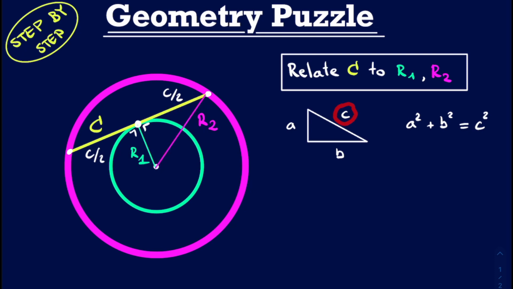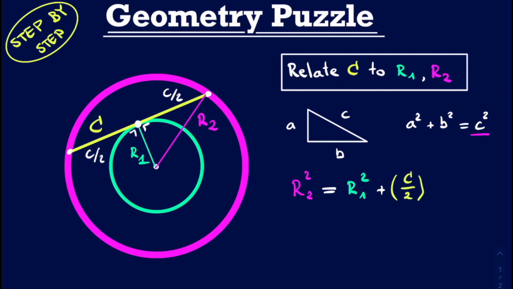The long side, the hypotenuse, which is C in this case, will be the long side here, which has R2, the radius of the larger circle, as its length. Therefore, this C will become R2 squared. And then we have the two right angled sides A and B, which in this case will be C over 2 and R1. So we have that R2 squared is equal to R1 squared plus the square of C divided by 2.